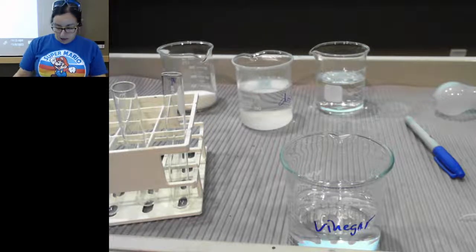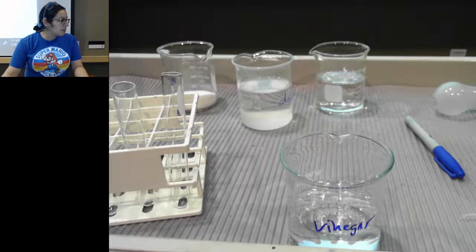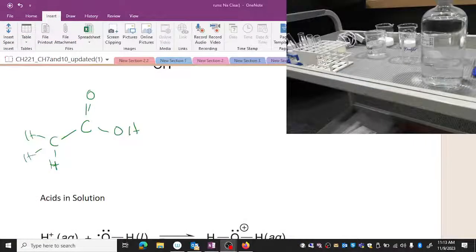All right, so let's look at acetic acid for a second while we wait to get stronger acetic acid.